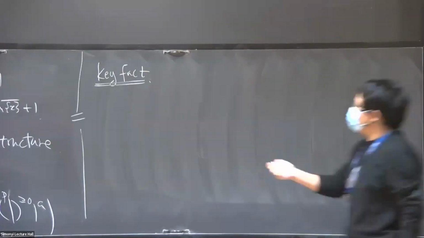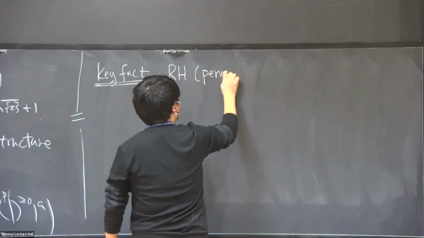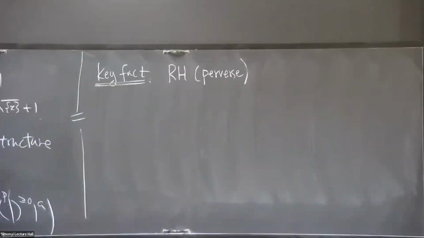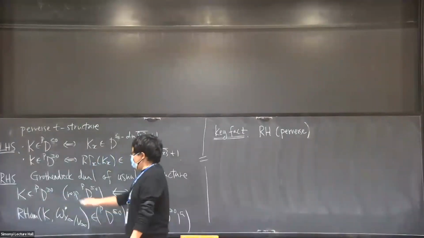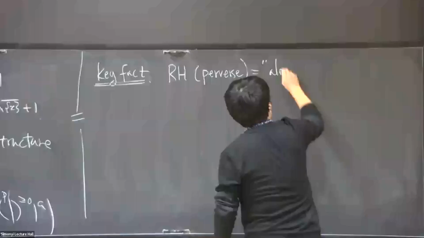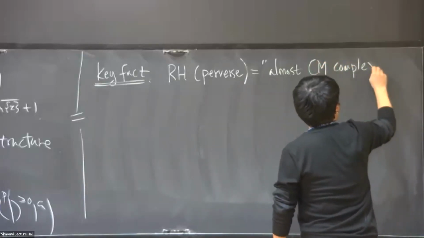Namely, if you apply this functor and you plug in a perverse sheaf, then of course, this is left exact, it gives you something in D^{t=0}, and I want to say this is some version of an almost Cohen-Macaulay complex up to shift.